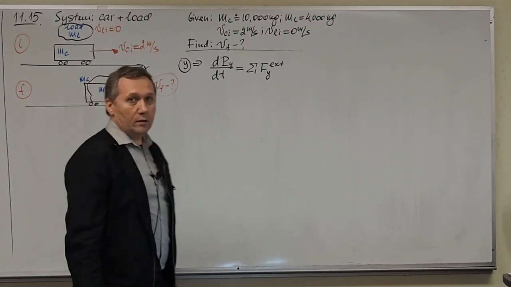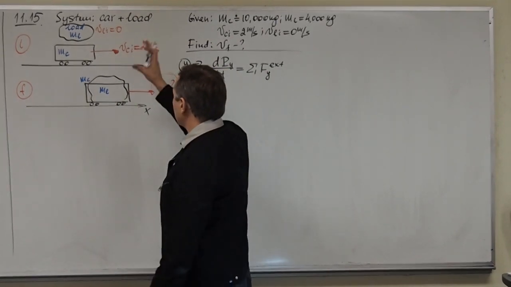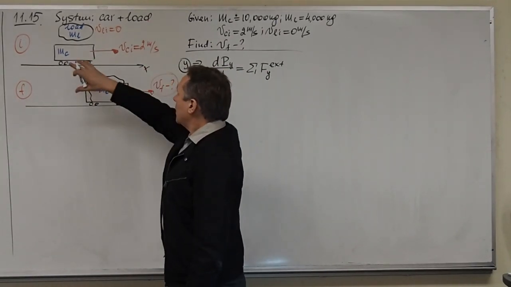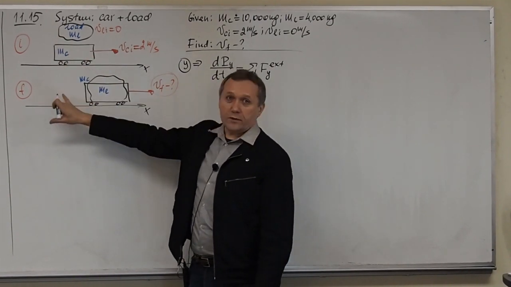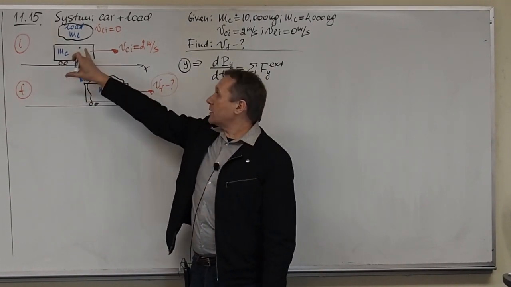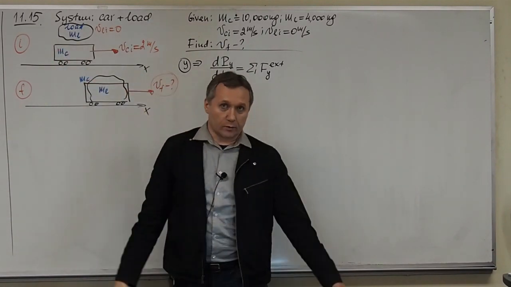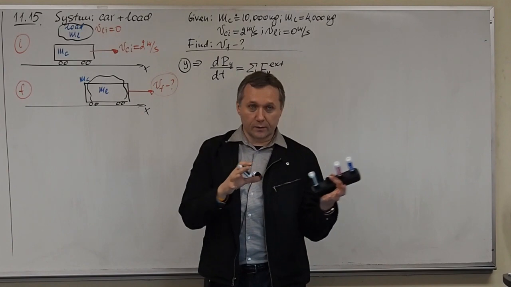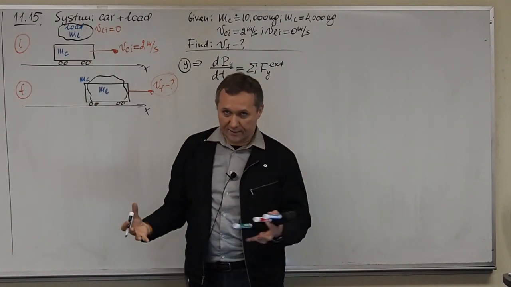Let's look at all the external forces acting in the y direction. The car: of course, there is a force of gravity, but it will be balanced by the normal force from the ground. So the net force in the y direction acting on the car is 0.